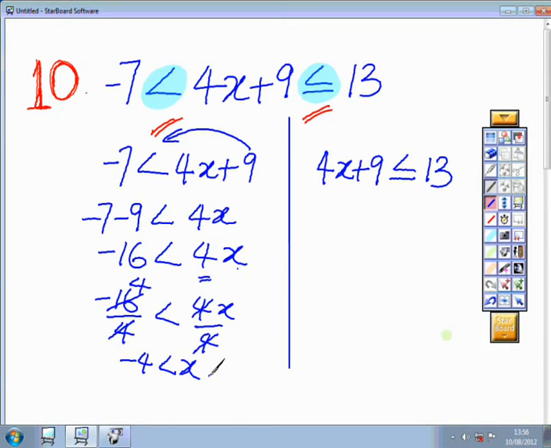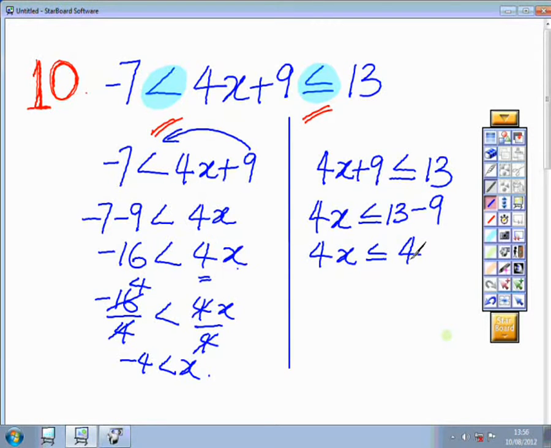So we move to the right hand side, and we have 4x. Transferring the plus 9 to the other side gives us less than or equal to 13 minus 9. So we have here 4x is less than or equal to 4. That is 13 minus 9.